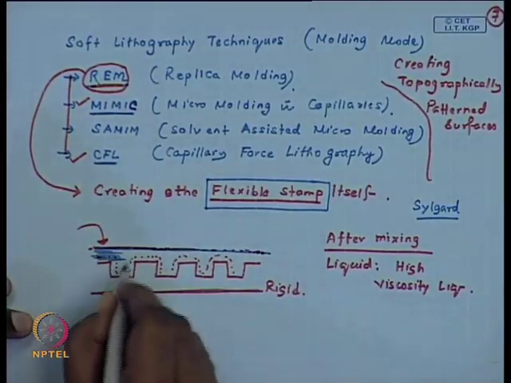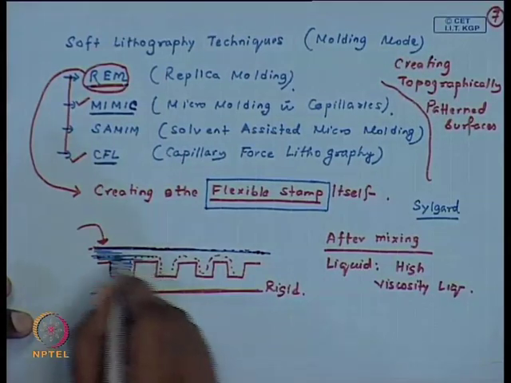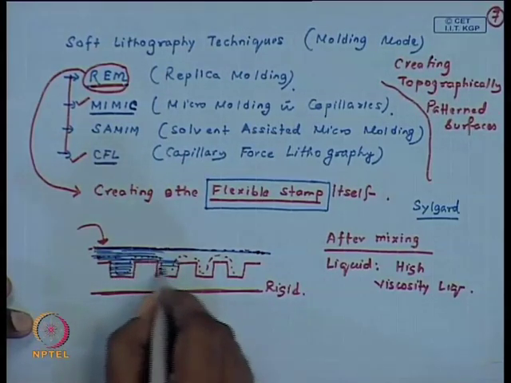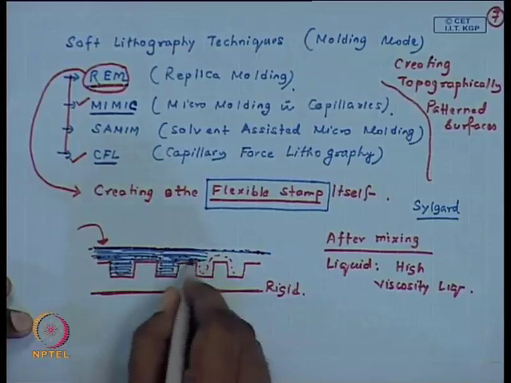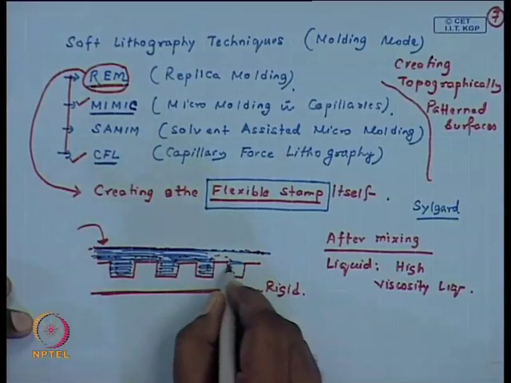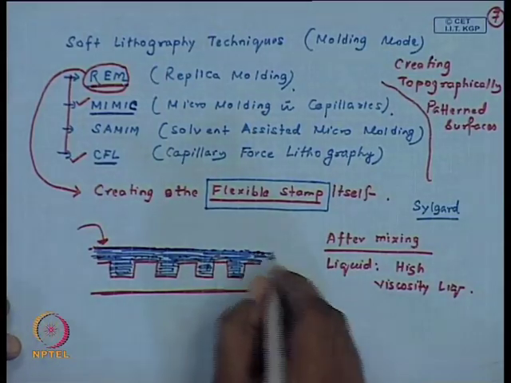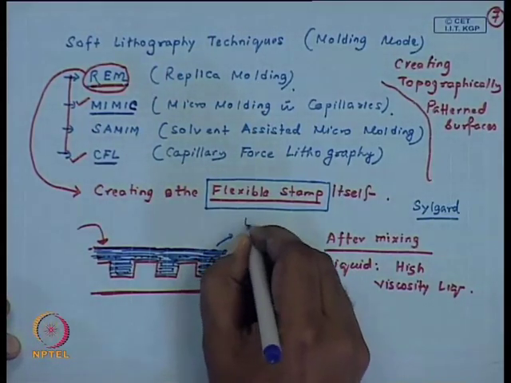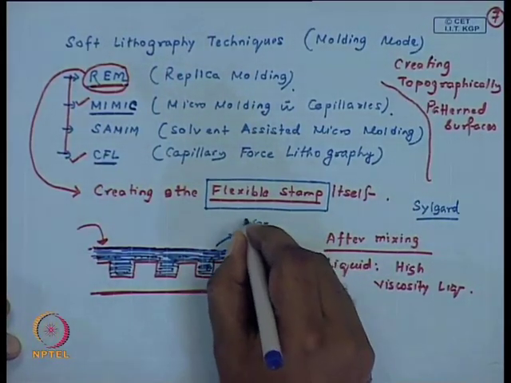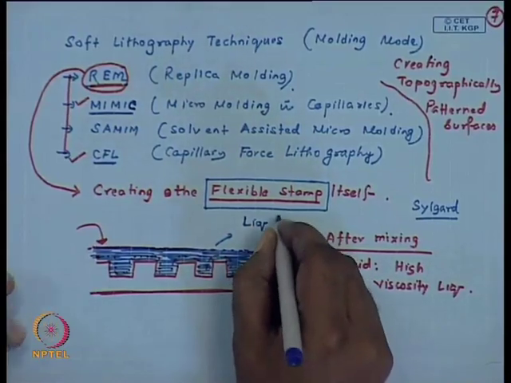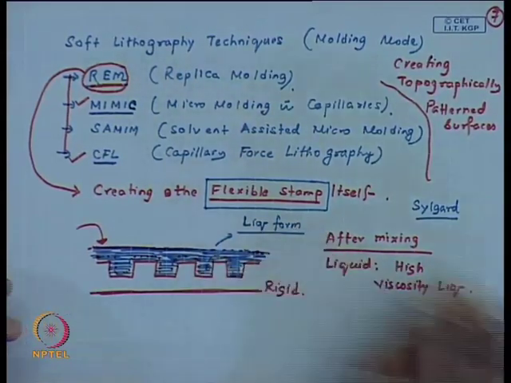So, once that happens, the rigid stamp or the mold is fully submerged under the cross-linkable PDMS, not yet cross-linked, in the liquid form. So, now what can you do?